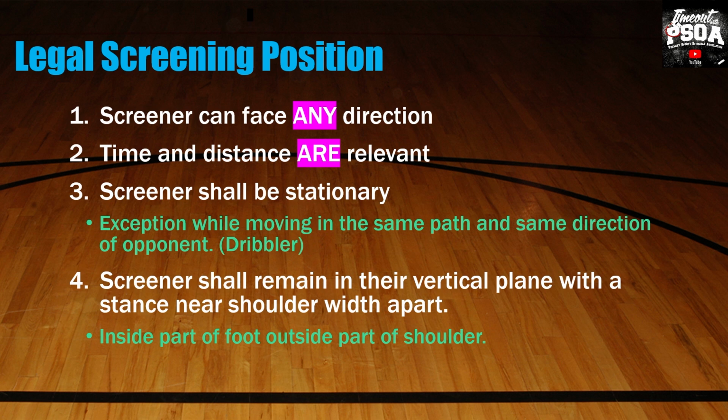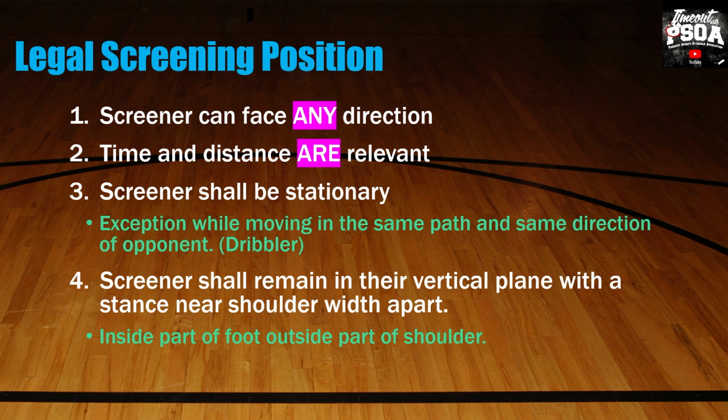A screener can face any direction. It could stand next to an opponent, it could stand facing an opponent, it could stand with their back to an opponent. Depending how that dribbler uses the screen will depend on what direction they're facing. Time and distance are relevant.